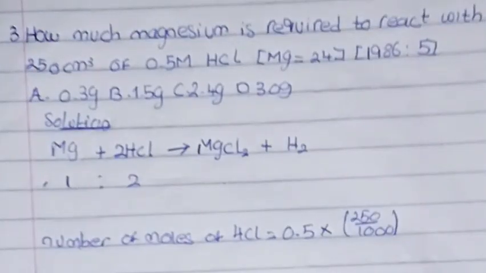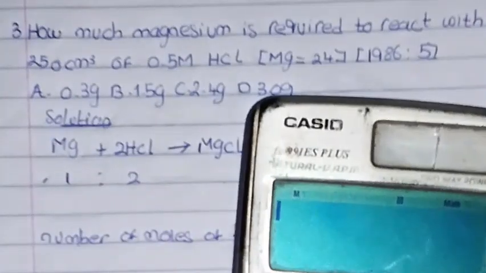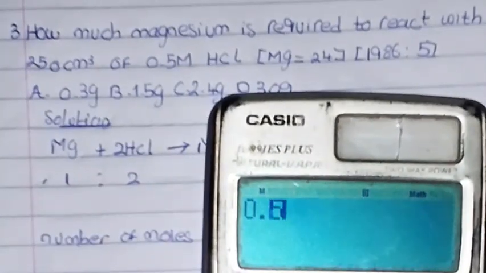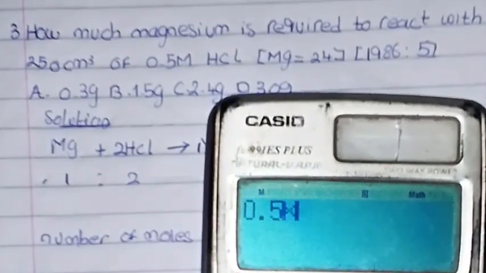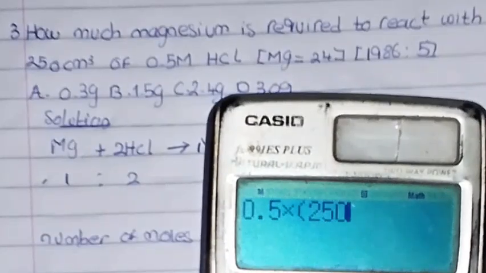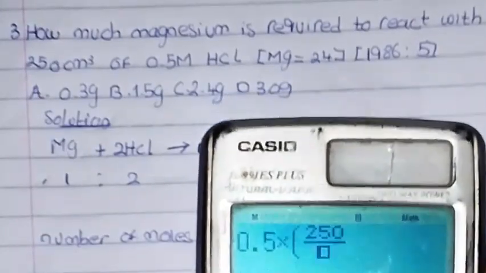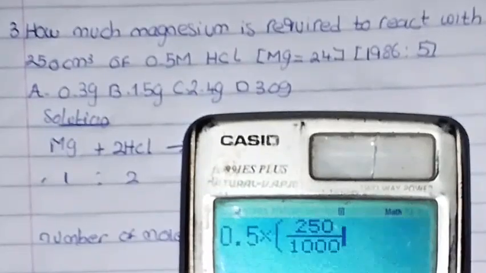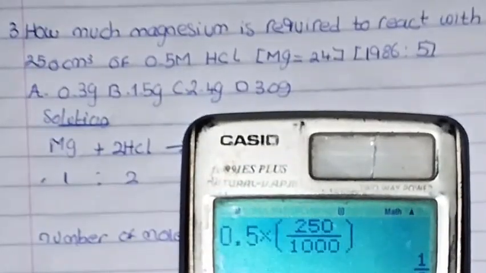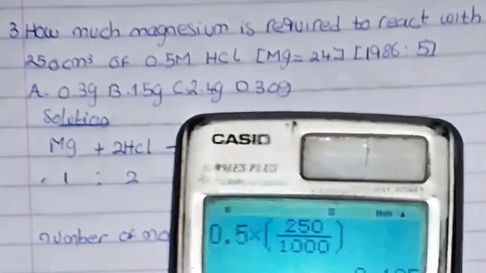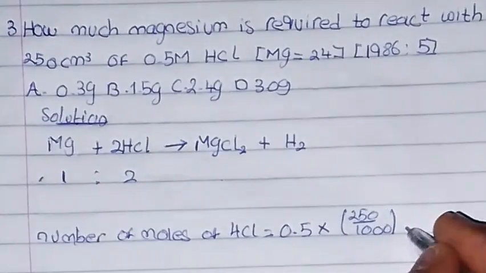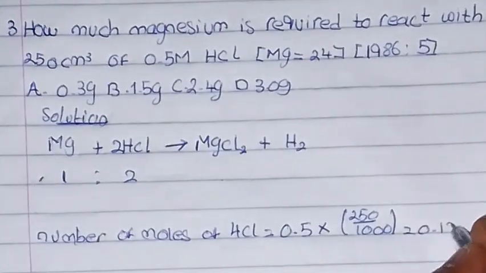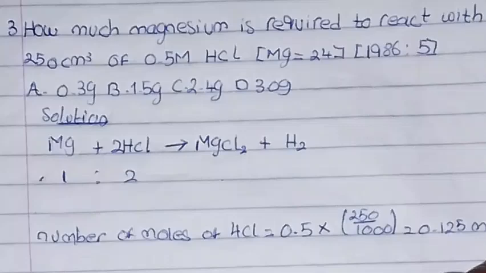We have 0.5 times 250, which is our volume, divided by 1000, put it in bracket. So we have our number of moles as 0.125. This is equal to 0.125 mole.